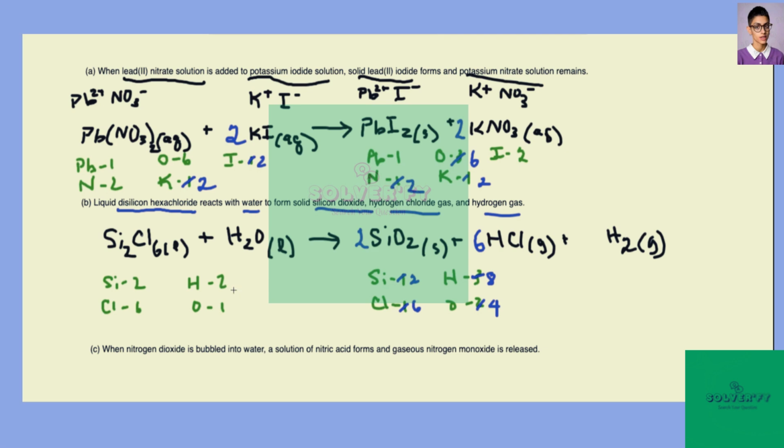So to correct that on this side, we put a 4 here for 8 and 4. So the final equation is Si2Cl6 liquid plus 4H2O liquid makes 2SiO2 solid plus 6HCl gas plus H2 gas.